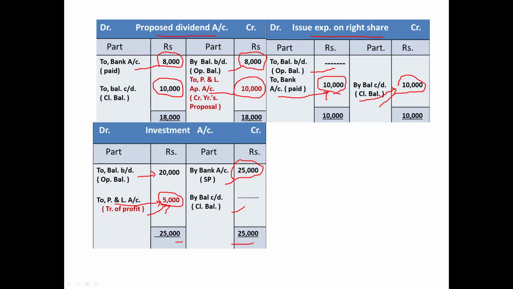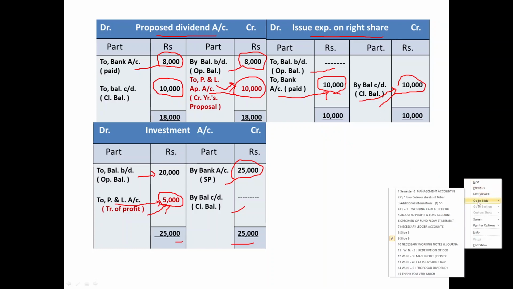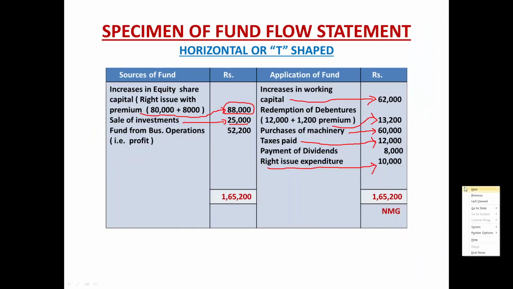Fund flow impact. You paid 8,000 in the current year. It indicates the application of fund, while over here profit and loss appropriation debit to proposed dividend credit 10,000 is a non-cash item. It's a non-operating item. So it should be added back in the current year's profit by giving the reverse impact in the adjusted profit and loss account. So first, let us report 8,000 as an application of fund in the fund flow statement. Have a look.